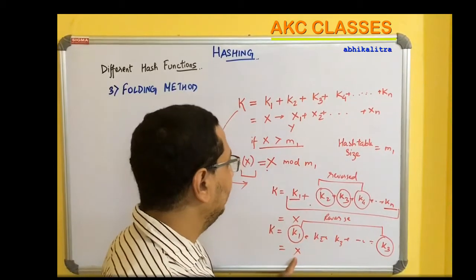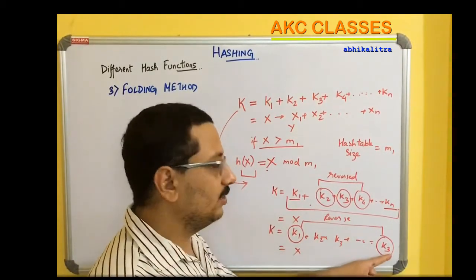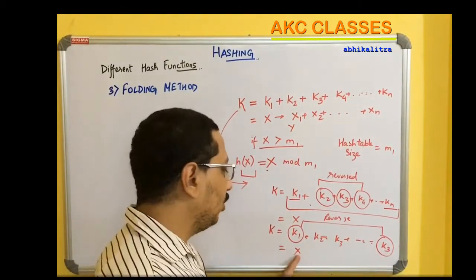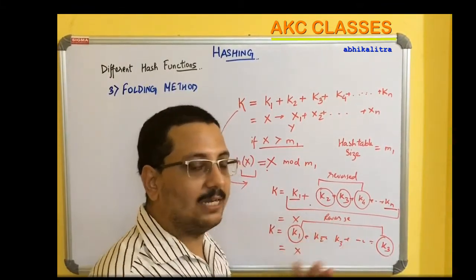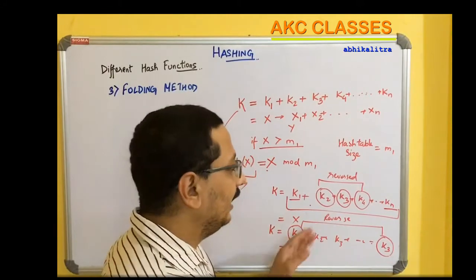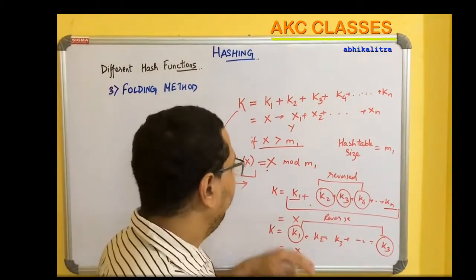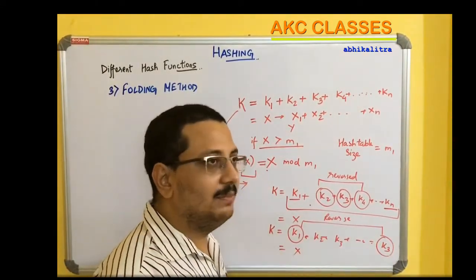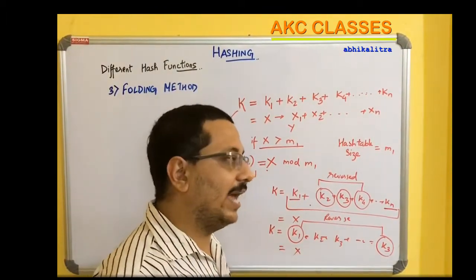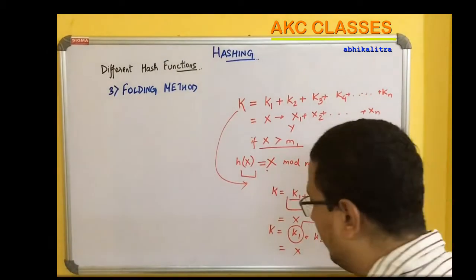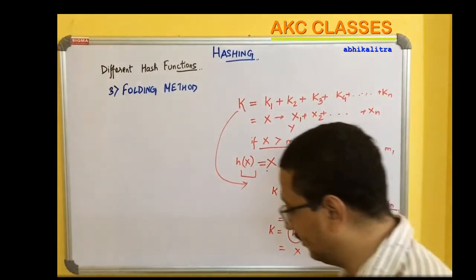Again, if x is greater than m1, either we chop this x again, reverse the boundary chopped pieces and add all the chopped pieces together until it is less than m1, or we apply the division method. Whatever method you want to apply, you can apply. There is no restriction on that.